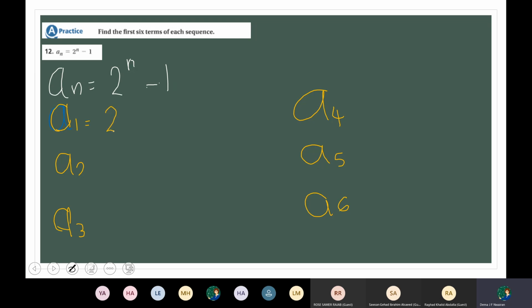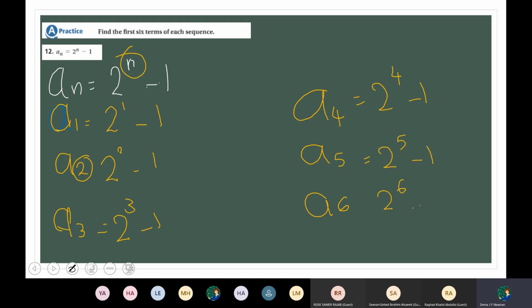A1 is 2 raised to the power 1 minus 1. A2 is 2 raised to the power 2 minus 1. I just evaluate with the number of the term instead of n. Substitute n with the number of the term. A3 is 2 raised to 3 minus 1. Here it is 2 raised to 4 minus 1, 2 raised to 5 minus 1, and 2 raised to 6 minus 1.